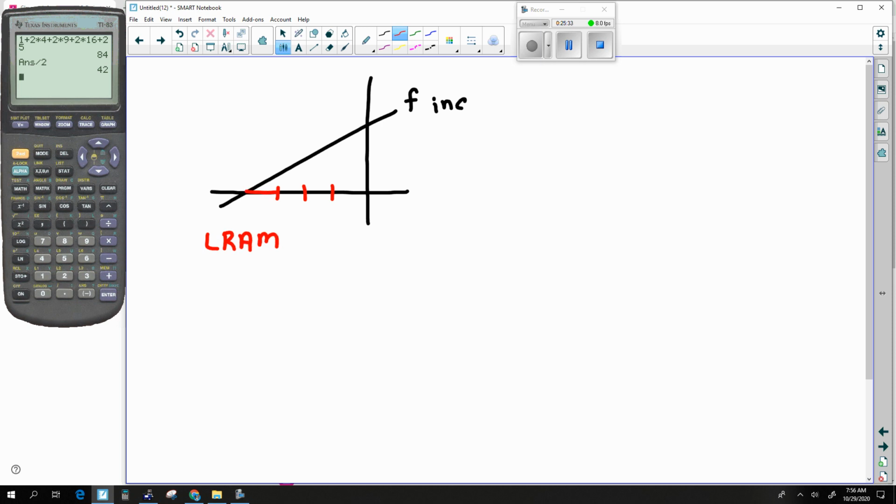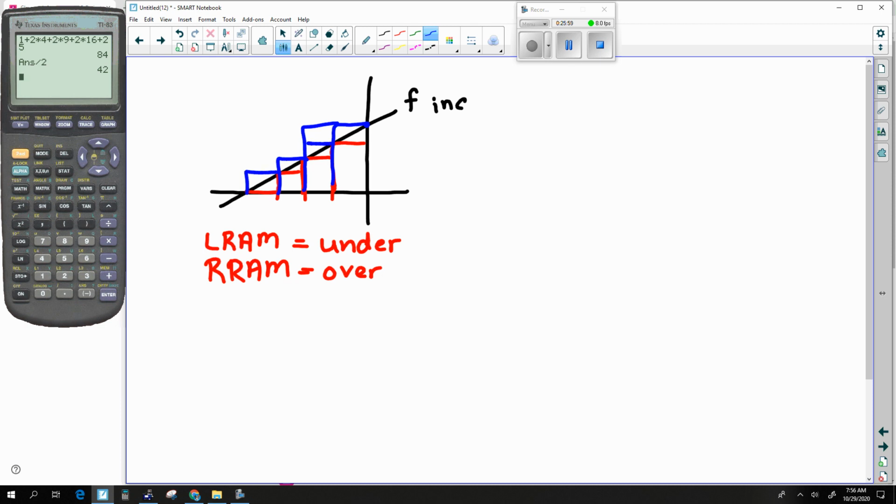Well, the left-hand sides are determining the heights. So if something is increasing, this would be an underestimate. And an RRAM would be an overestimate. So again, take the right-hand sides. Okay, that's when something is increasing.